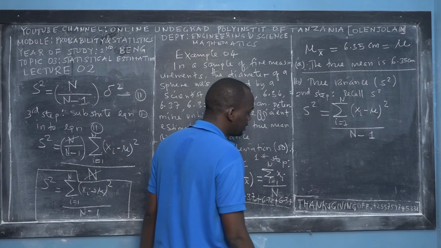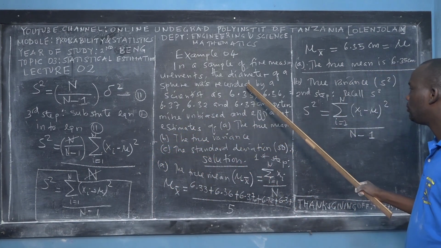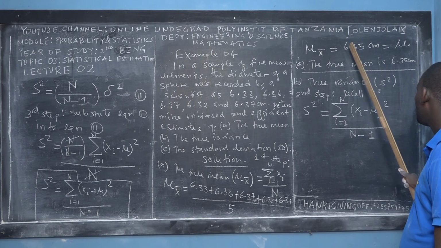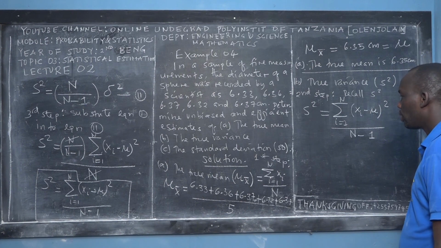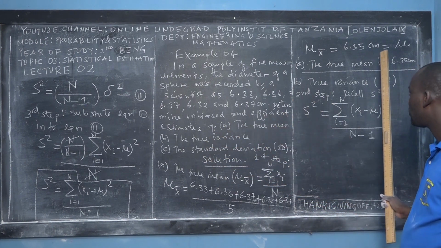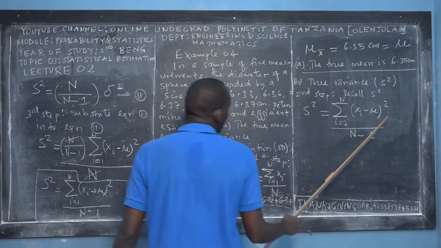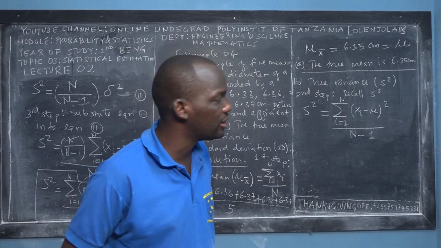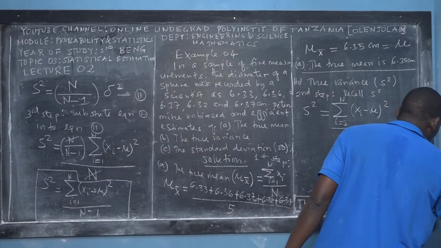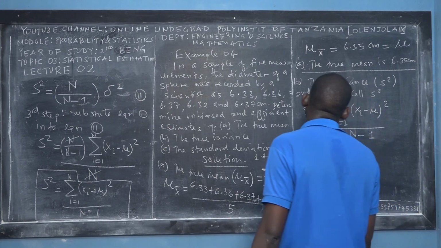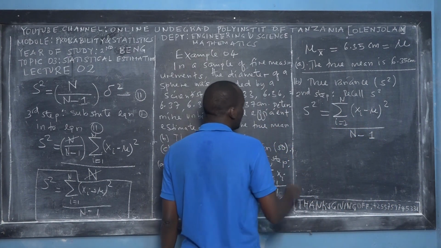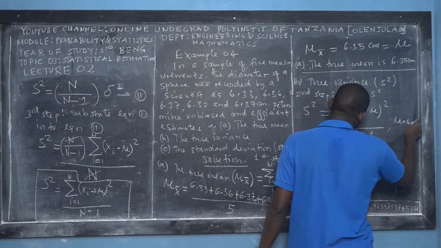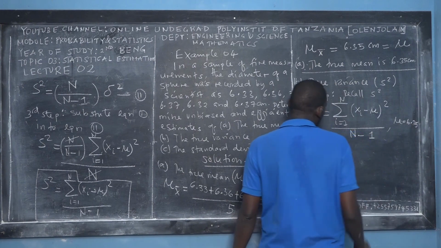For this case, the xi will be these values at different cases, and the mean of the population is equal to 6.35. So even if Roman A is not asked, you have to find the mean, because we need the value of the mean in order to find this statistical variance. Just to remind you, the mean of the population of means is 6.35.